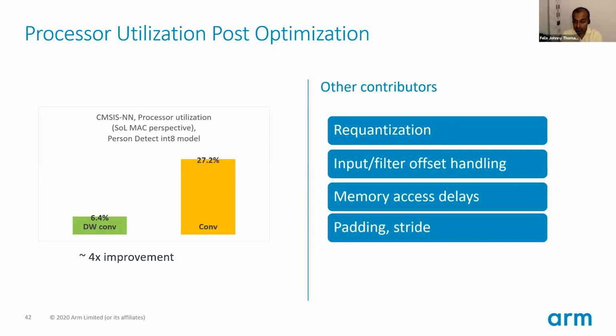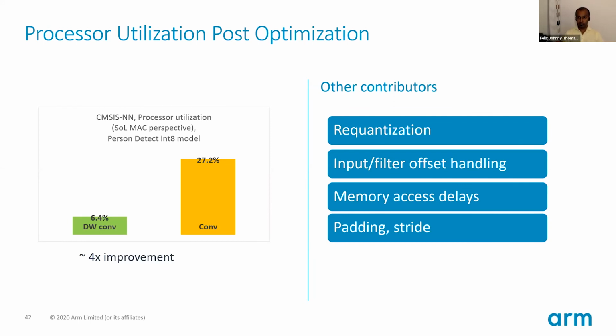You have requantization, which takes a significant amount of time. Then you have your input or filter offset handling, and you have your memory access delays, as not all memory accesses take 1 byte. And you have padding and stride on top of that. That is basically how it looks at the end.